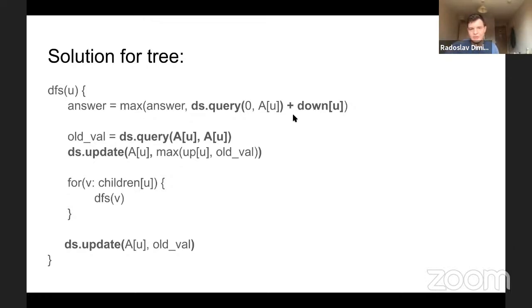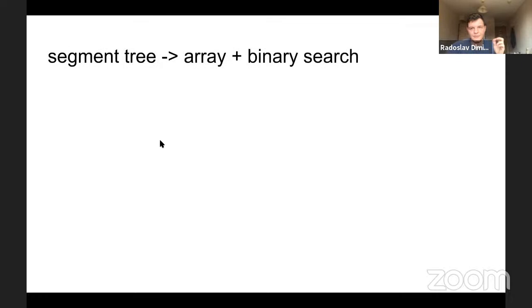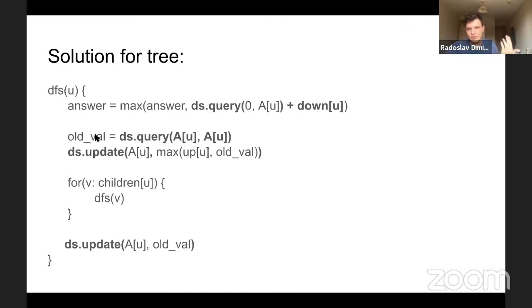And after that, for the rollback, we would need this old value, so we first extract it. That's just the value on this leaf.